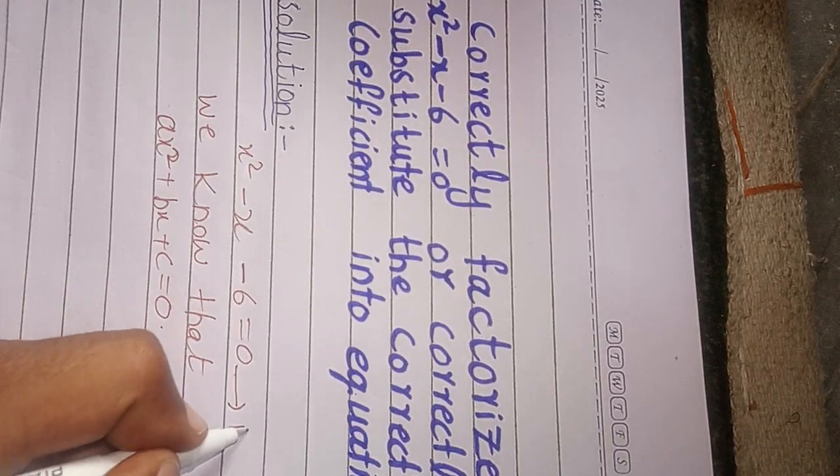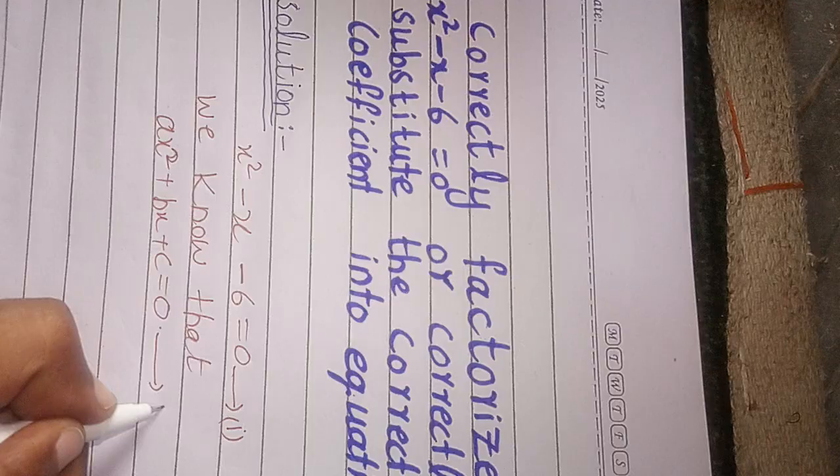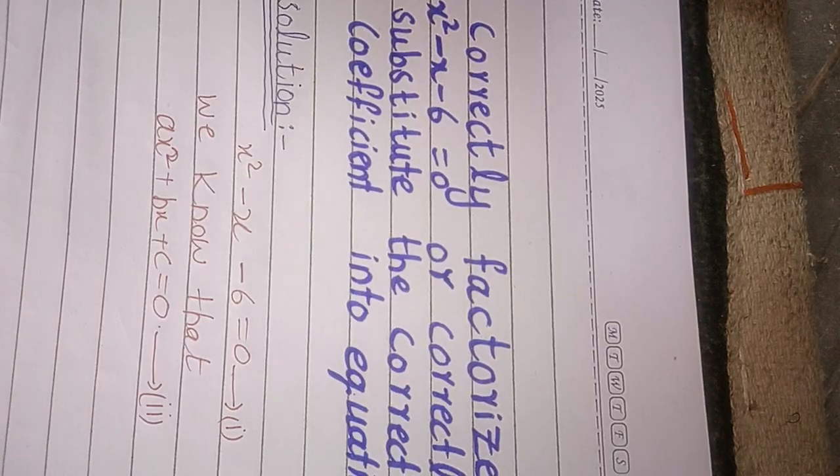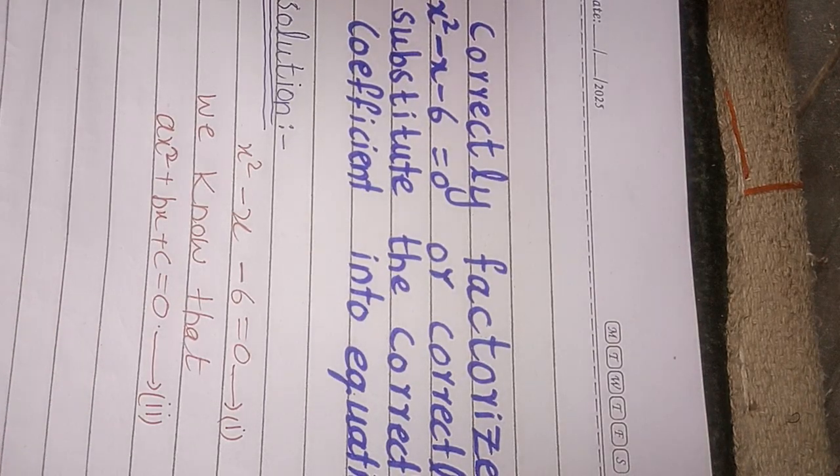This is equation number 1 and this is equation number 2. We will compare them to find the values of coefficients a, b and c, and then put these values in the quadratic formula.